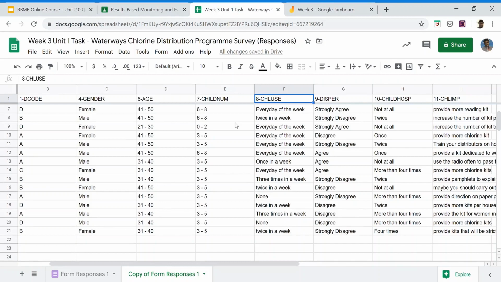Those are the 2 indicators that we identified for our chlorine distribution program.